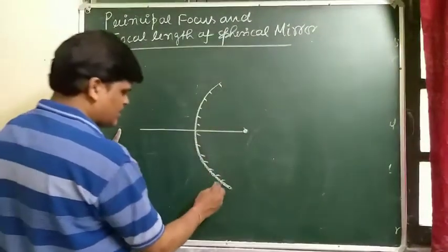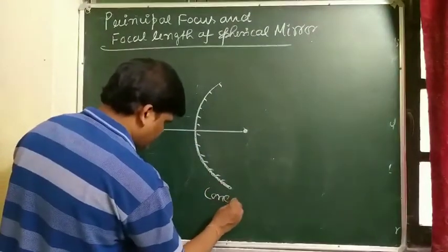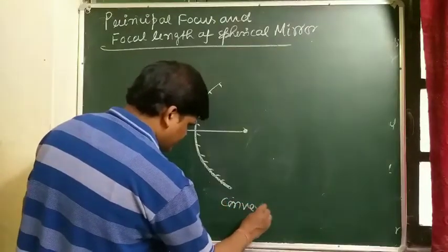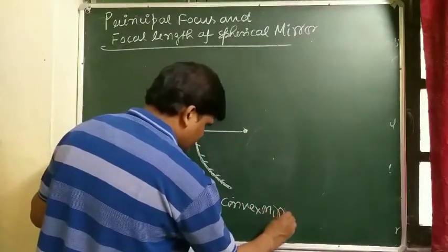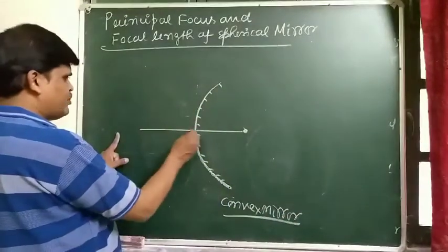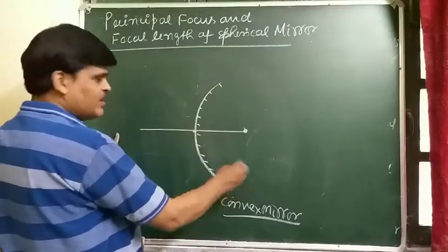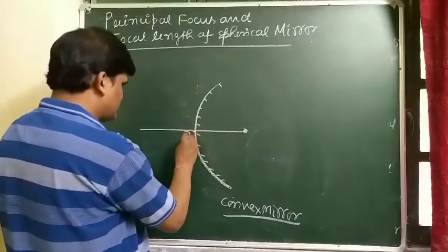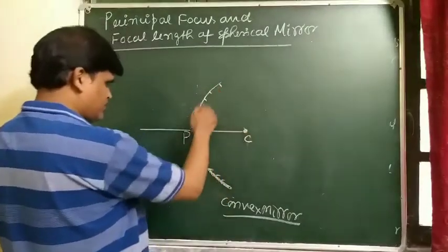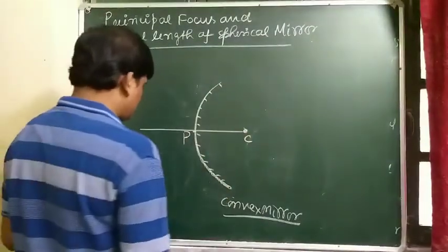So this is a convex mirror. And student, same process. The midpoint of the spherical mirror is known as the pole. And this is the center of curvature of the convex mirror.